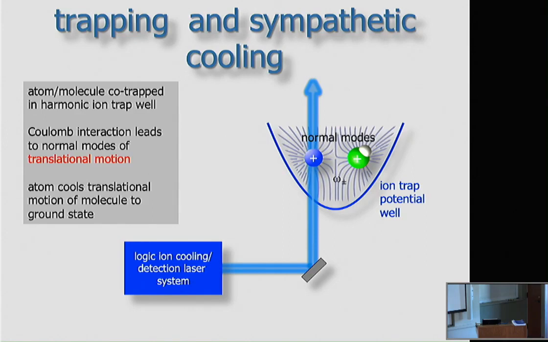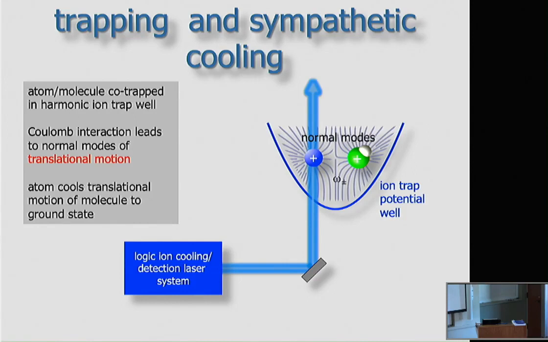And that's basically done by the Coulomb interaction. And one thing to remember here that's important is that this is a frequency, it's a harmonic oscillator, but this is the external motion of these guys. It has nothing to do with the vibration of the molecules. So the harmonic oscillator I'm talking about here with omega plus minus is the motion of these guys.